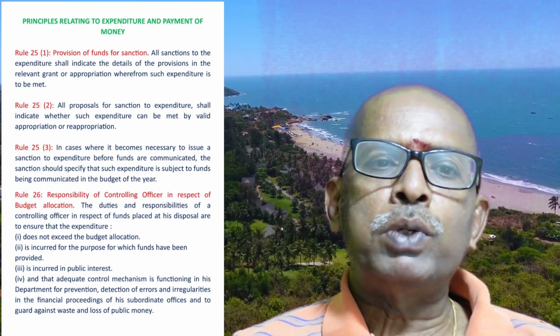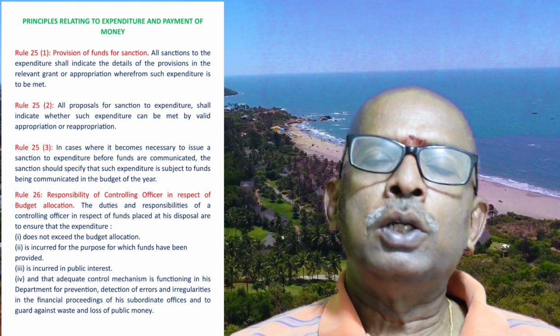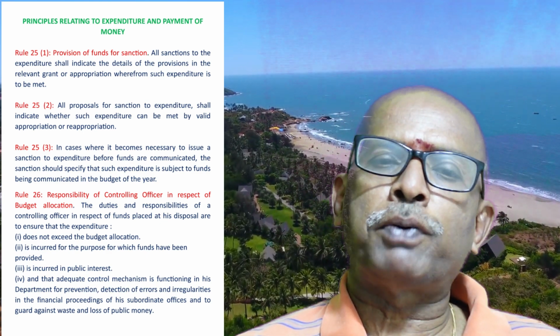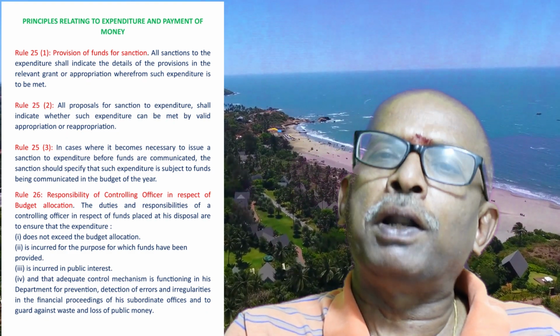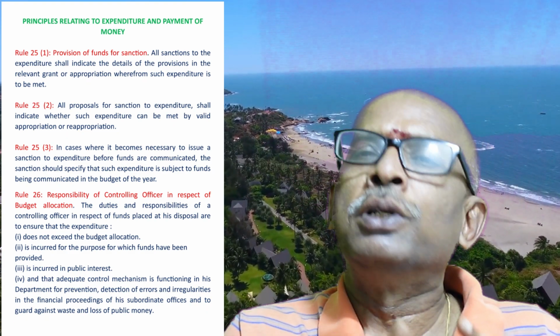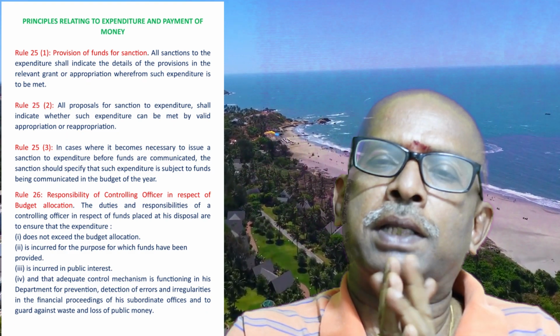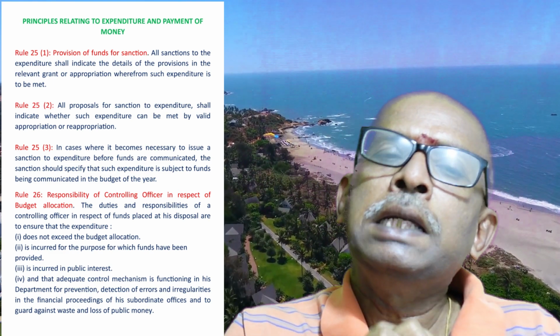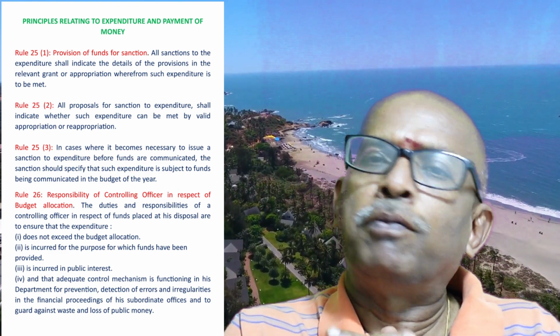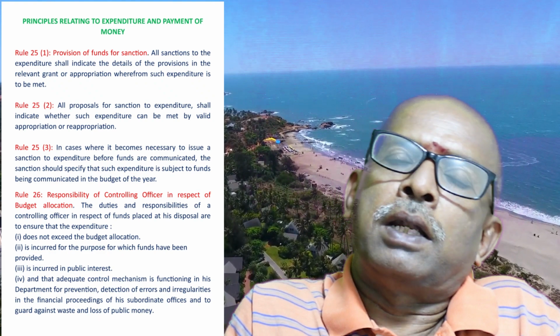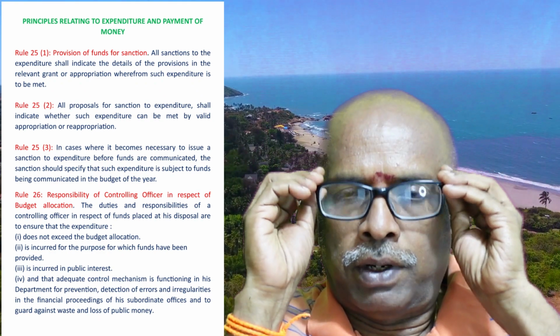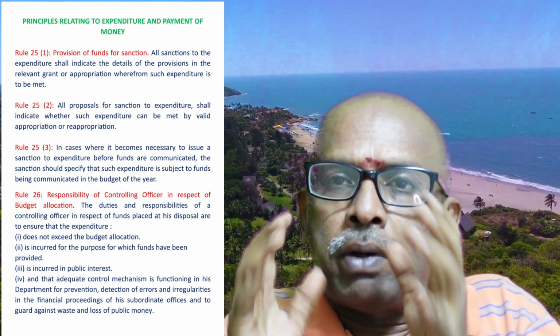Now, provision of funds for sanction. So when some sanction is issued, first you have to provision the fund. If fund is not there, you cannot issue sanction. That is simple as that. First you have to see the availability of fund. Fund will be normally from Consolidated Fund of India. This contingency fund we already discussed.